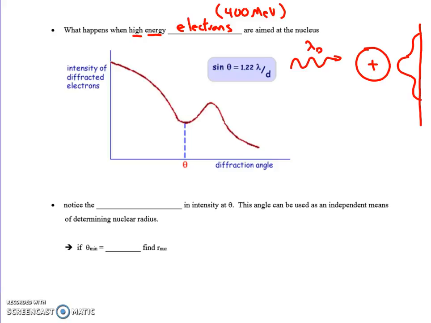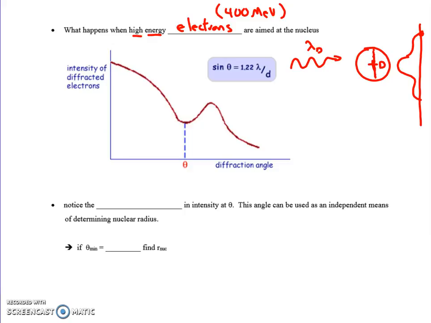Based on the angle that it diffracts, this first minimum, we can use that angle and knowledge of its wavelength to determine the size of this object, which we'll call d. It's a clever little way of determining nuclear size by using diffraction.